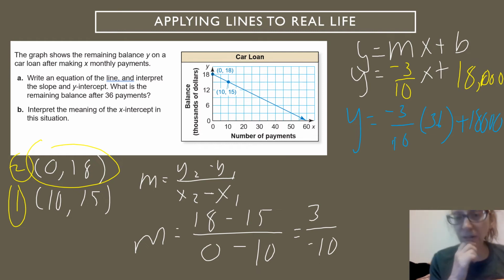I don't know if I can do this in my head or not. 90 plus 18 is 108 divided by 10. I got to be careful.